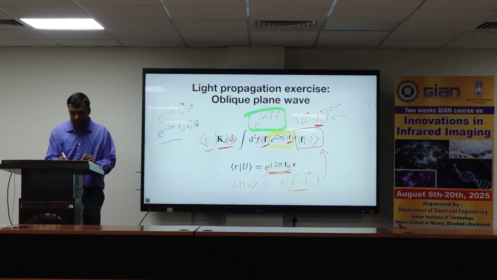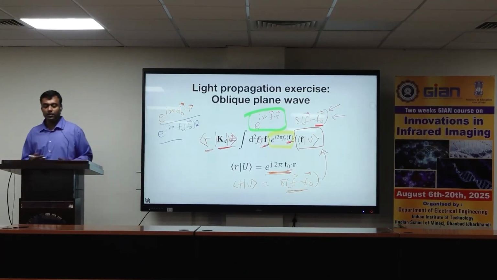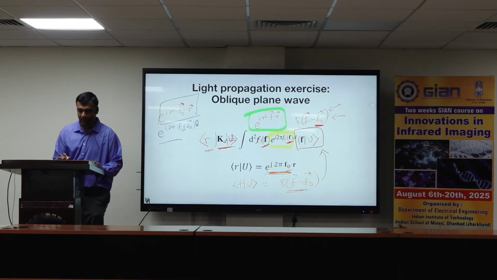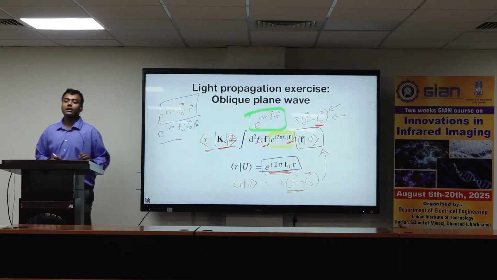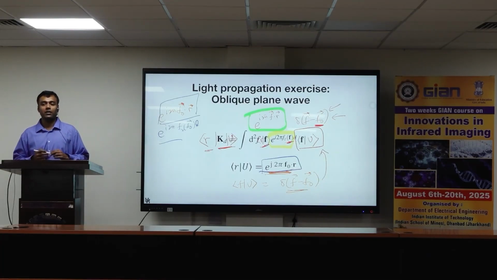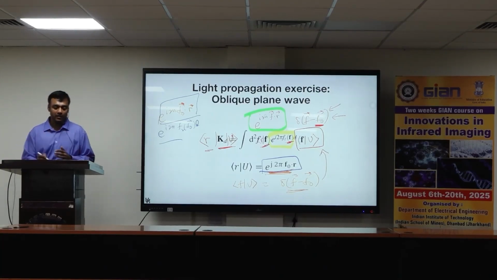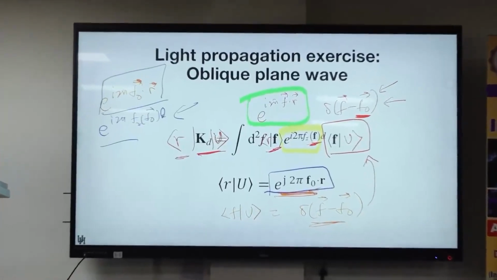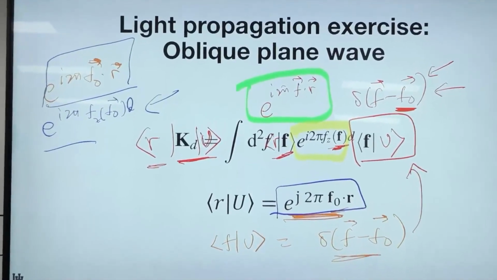So basically all you need to do is take this. What this is saying is, if you start with e to the I 2 pi f0 r, it accumulates the phase of e to the I fv d. That's it.